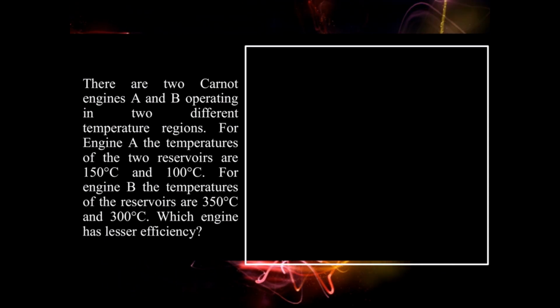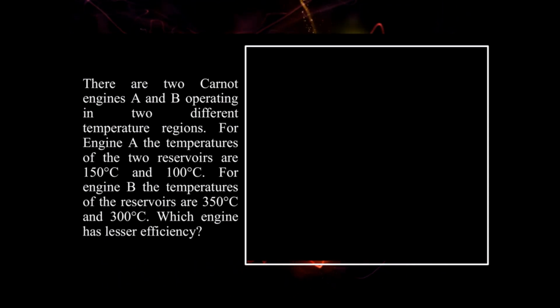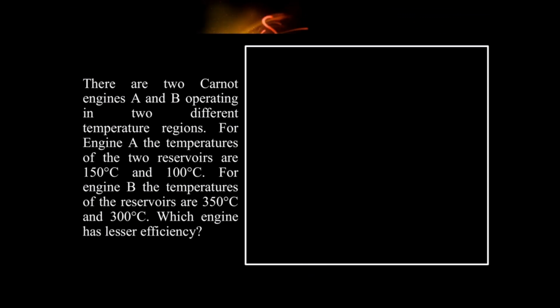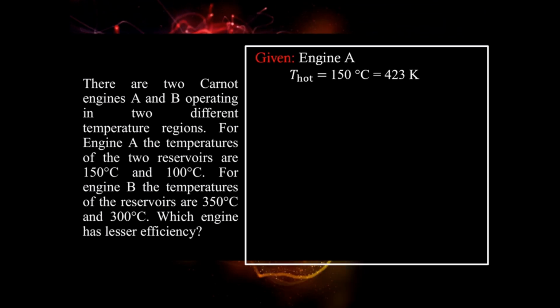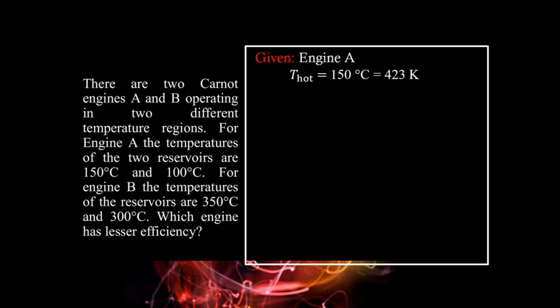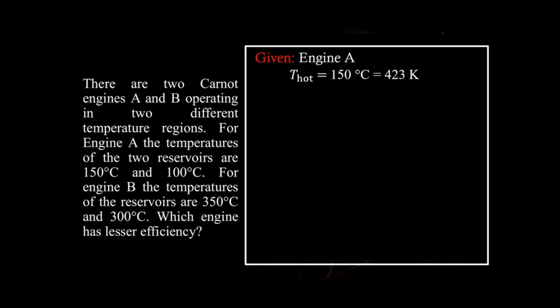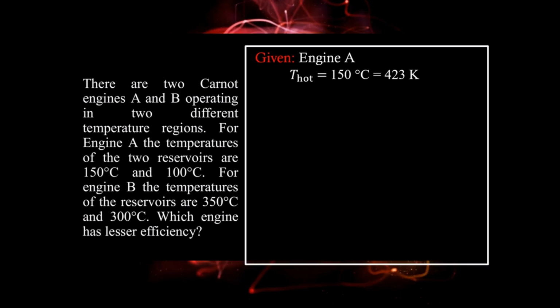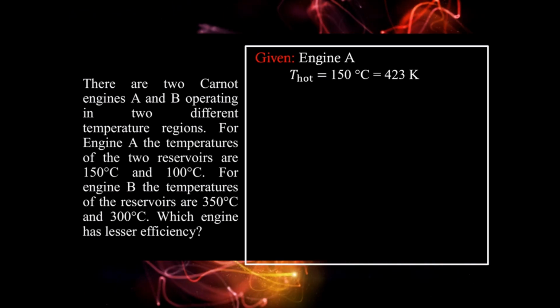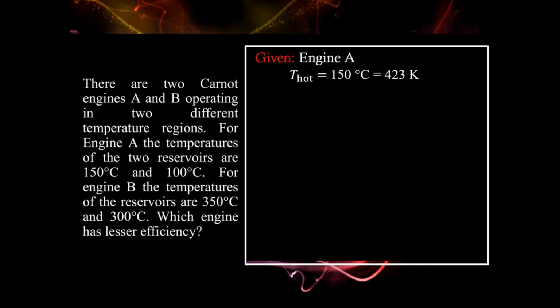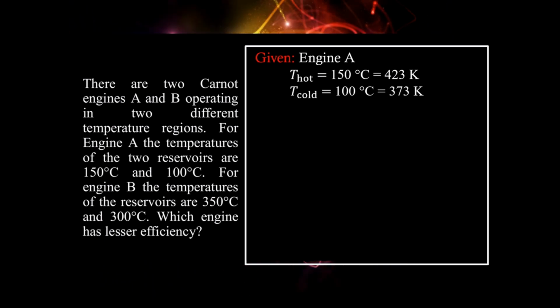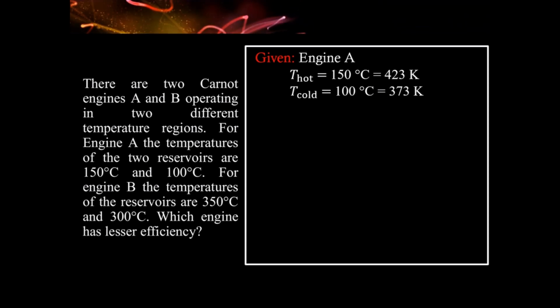So let's solve first the efficiency of engine A. So the given here are T hot, which is equal to 150 degrees Celsius. Convert that one into Kelvin since we're going to use a Kelvin unit, so that will be 423 Kelvin. And T cold, which is equal to 373 Kelvin.